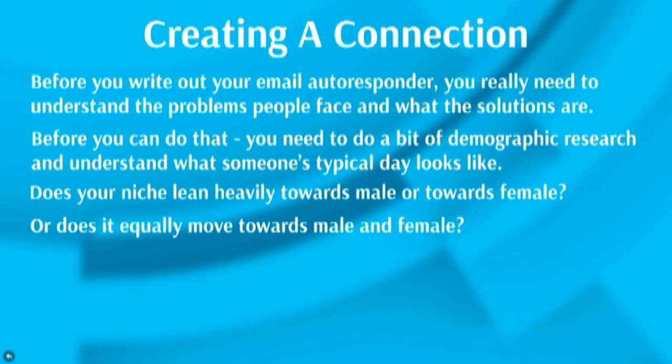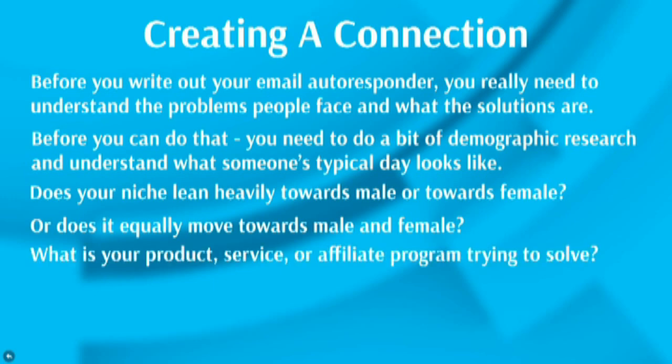But even at 75%, you're kind of moving towards 50%, so that it's both male and female. But if it's heavily towards males or females, 80% or above, or 90% or above, then you want to jot that down. The next question is, what is your product or service or affiliate program trying to solve?